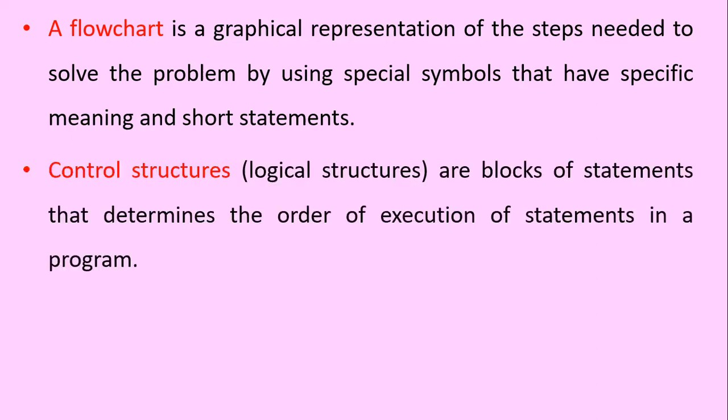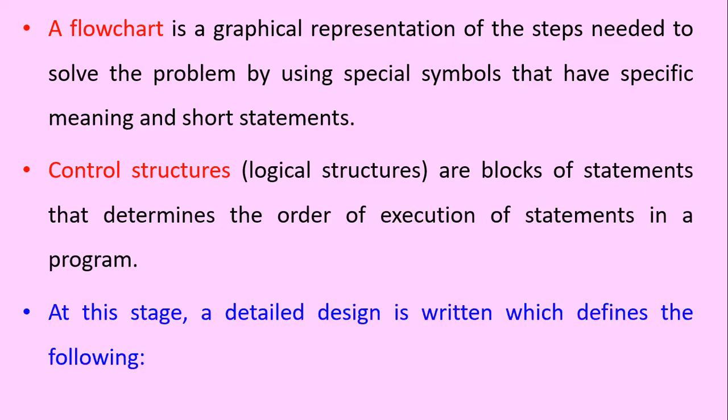Control structures, or what we call logical structures, are blocks of statements that determine the order of execution of statements in a program. At this stage, therefore, a detailed design is written which defines the following.